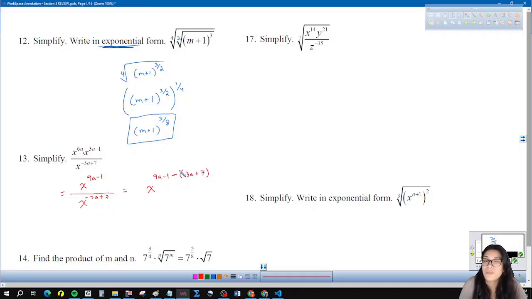Now, you cannot forget to make sure you distribute the negative. So this is going to be 9a minus the negative 3a, which ends up being a double negative, so that's a positive. So 9a plus 3a, which is 12a. And then negative 1 minus, you got to distribute that negative there as well. So negative 1 minus the 7 is negative 8. And that's it.